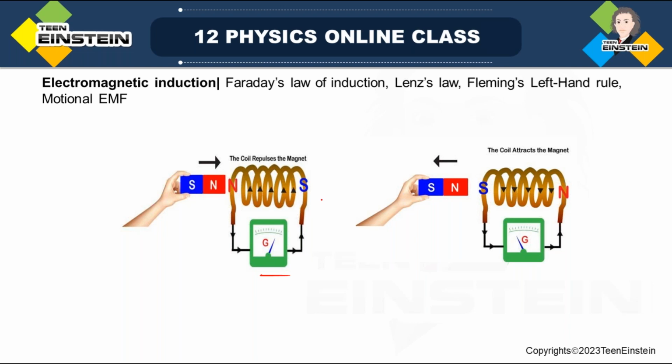There will be an induced EMF, and that will produce a current in the coil, or in this solenoid, in such a way that a north pole is induced near the face of the coil, such that it opposes, or repels. See, this north pole and the magnet's north pole both repel each other.